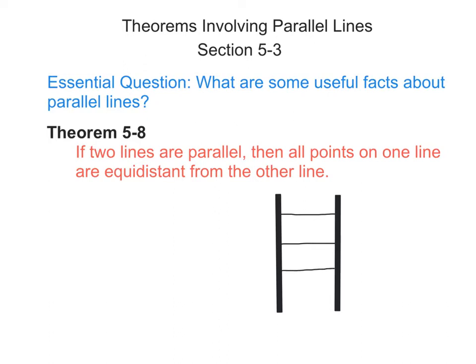So as we're adding rungs here, we'll know that each of them is the same length as the other, provided these outside black lines are indeed parallel. So this is something that's probably intuitive, but yet it is a theorem here, so that if you've got two lines parallel, then all points on one of the lines are equidistant from the other line.